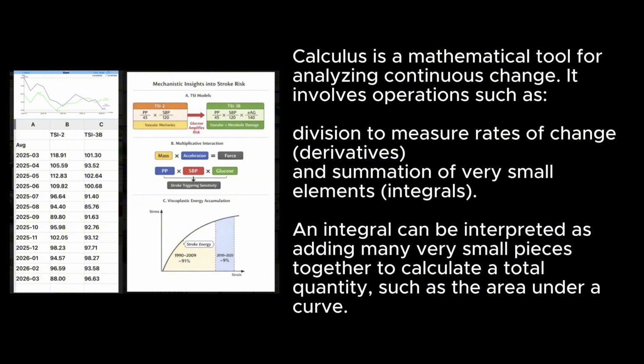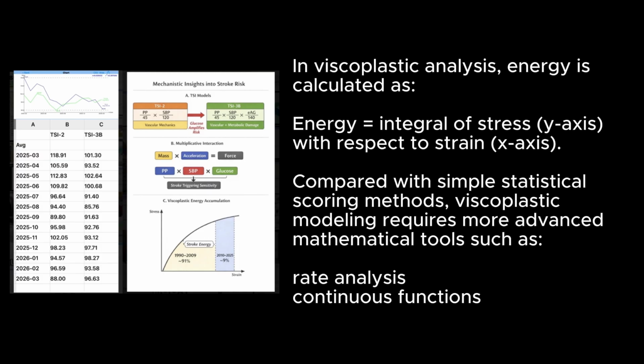It involves operations such as division to measure rates of change, derivatives, and summation of very small elements, integrals. An integral can be interpreted as adding many very small pieces together to calculate a total quantity, such as the area under a curve. In viscoplastic analysis, energy is calculated as energy equals the integral of stress (y-axis) with respect to strain (x-axis).